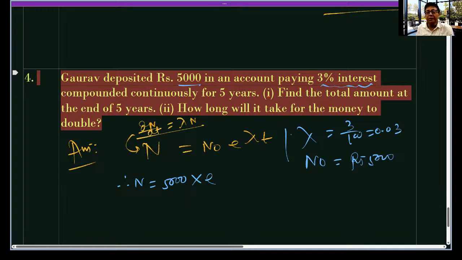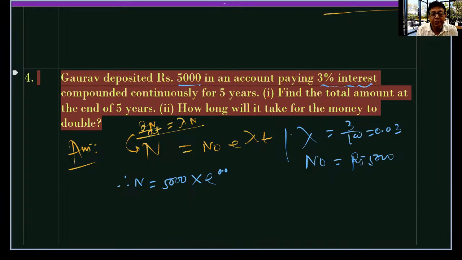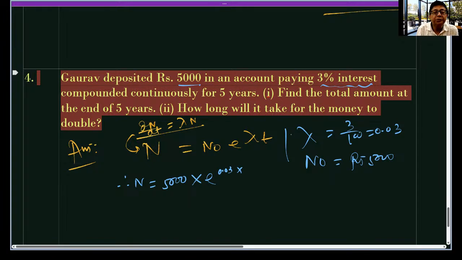E to the power lambda into t. T is for what? 5 years. E to the power 0.15, isn't it? Go to the table again. E to the power 0.15, what's the value?